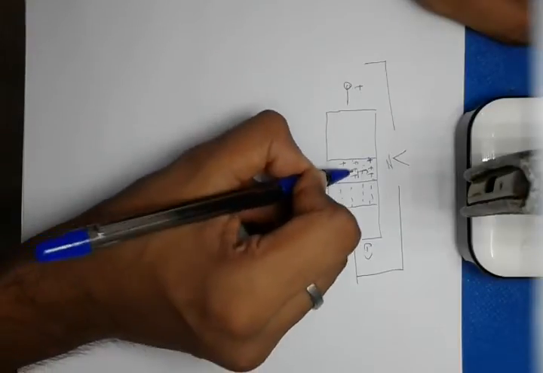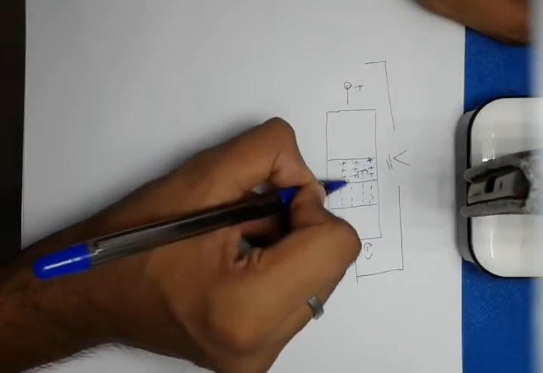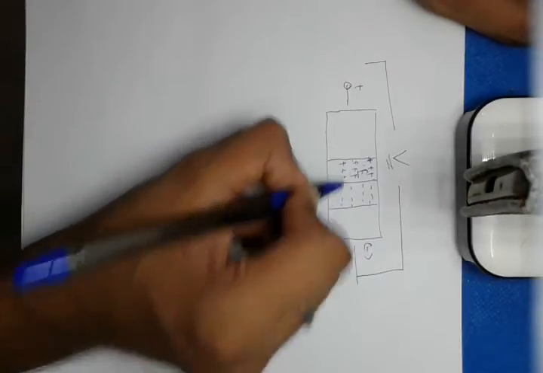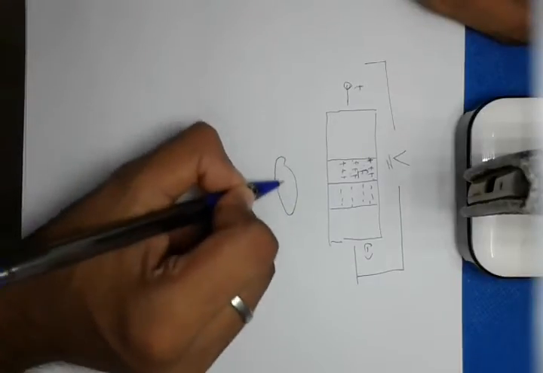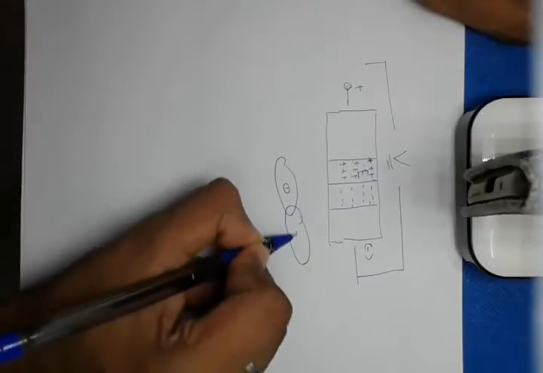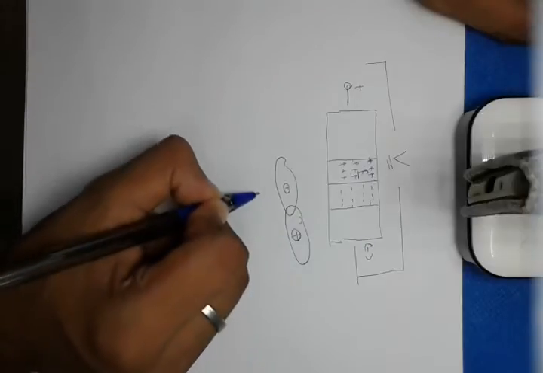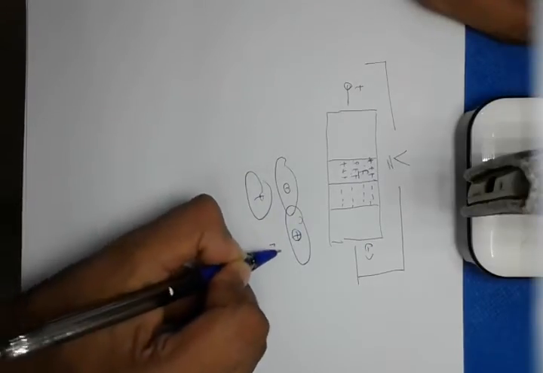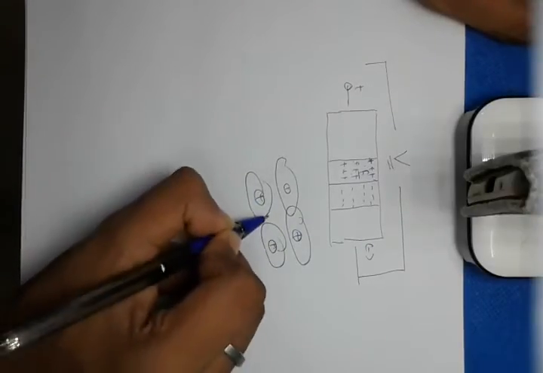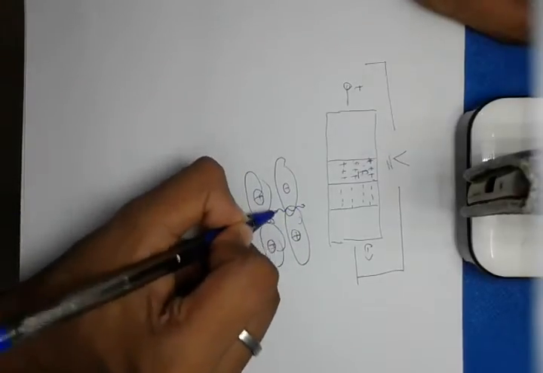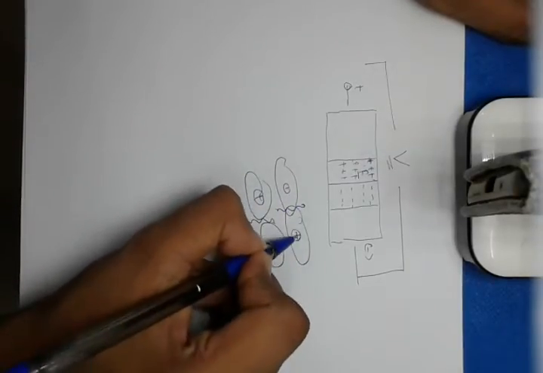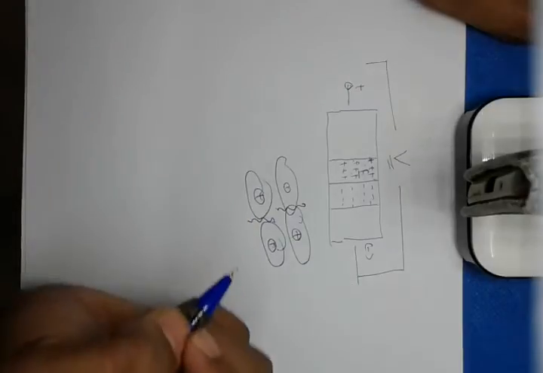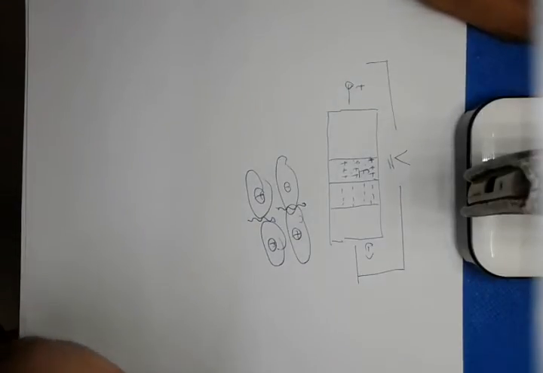Under the high electric field, the atoms which are bound together break apart, and you can say the crystal ruptures.